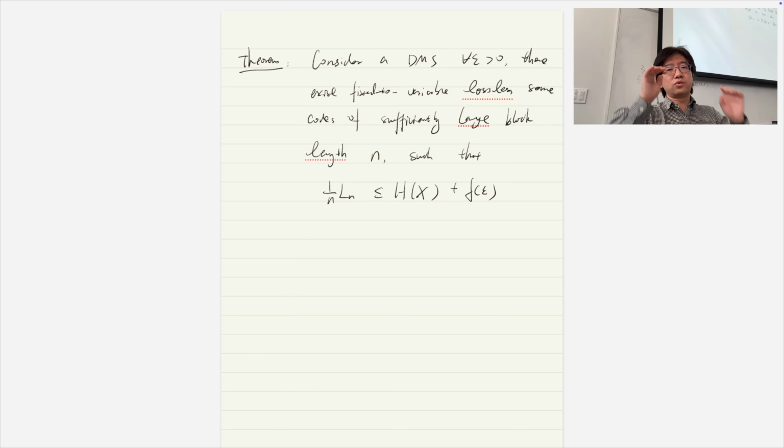When n goes to infinity, this number will go to 0. So basically it means that the entropy is achievable.